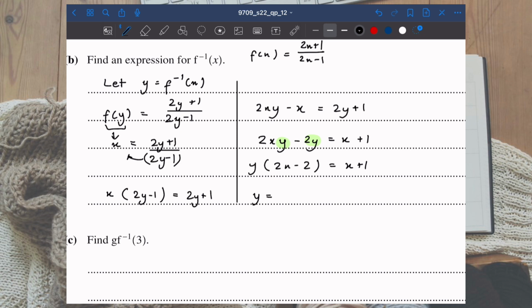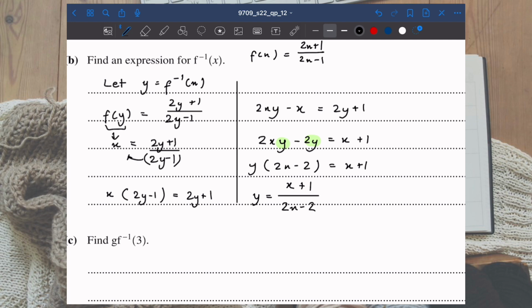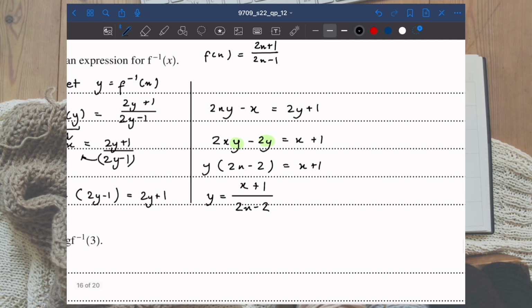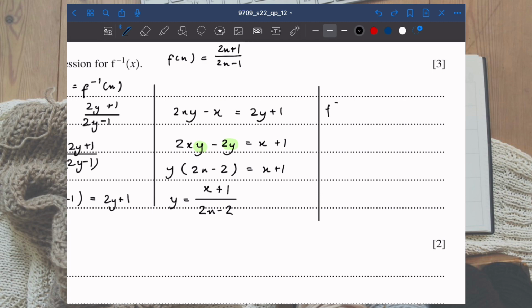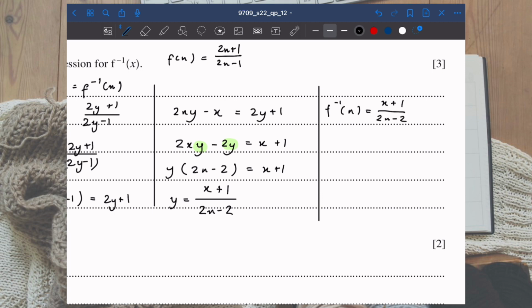So y will be (x+1) over (2x-2). So the inverse of f(x) is (x+1) over (2x-2). So that is your answer for part B.